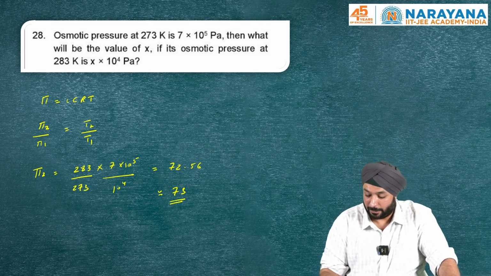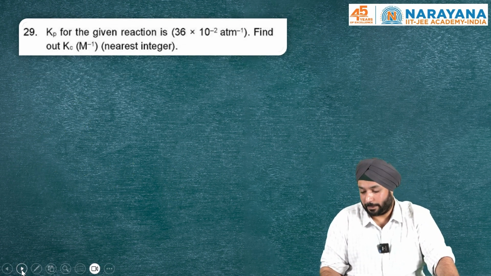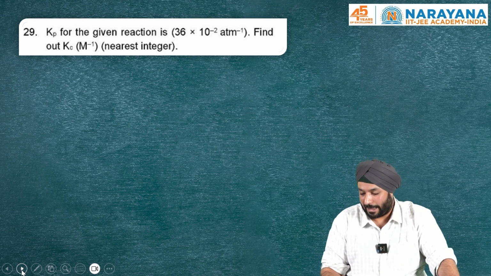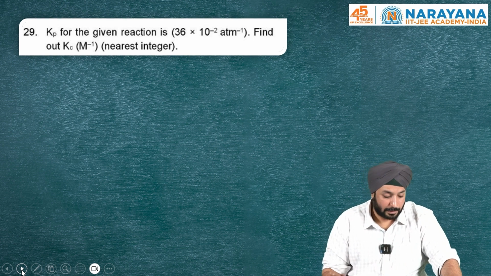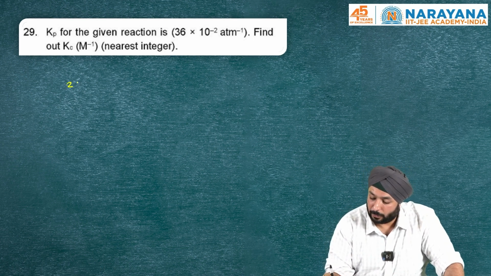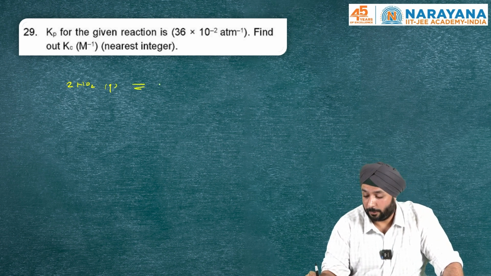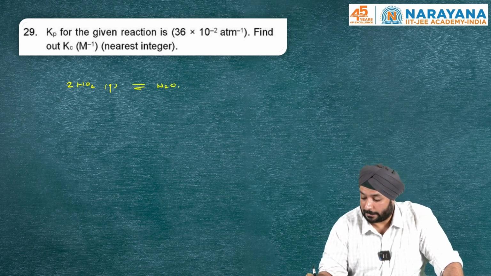Now question number 29, which is the last question we have in this memory based paper. Kp of the given reaction is given, find out Kc. The given reaction is 2 NO2 gas converting into N2O4 gas.